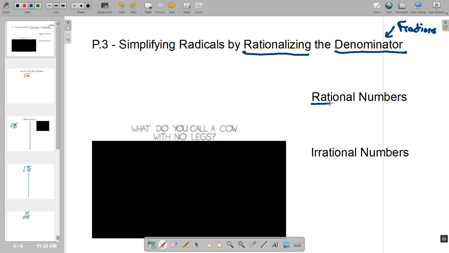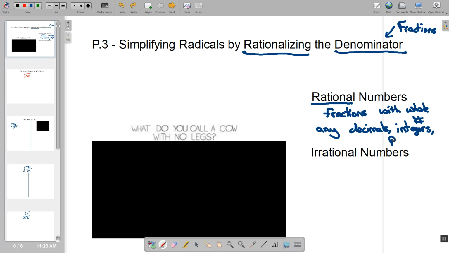As a quick review, rational numbers are numbers that can be made with fractions, with whole numbers. This also means any decimals, integers, or percents.